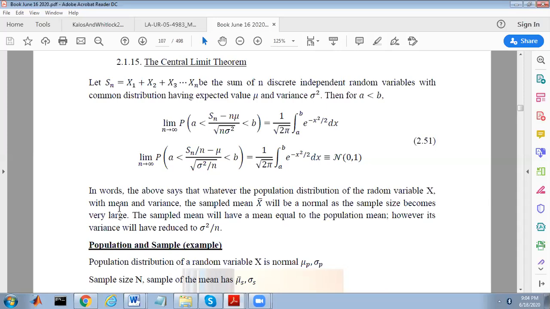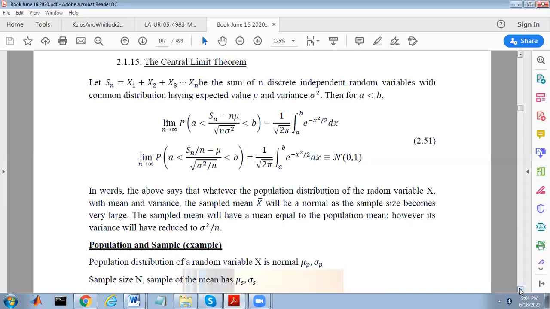Put in more and more effort and you should be heading towards a normal distribution. You would like that new normal distribution to have the same mean, not a different mean, otherwise you would have a biased estimator. So you would like an unbiased estimator. However, you would also like to reduce its variance, and yes, the variance is reduced by the effort that you've put in. It comes down to sigma squared by n.